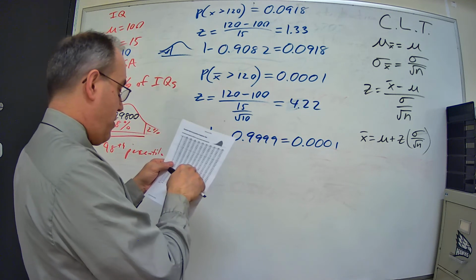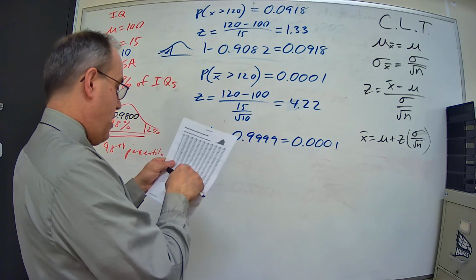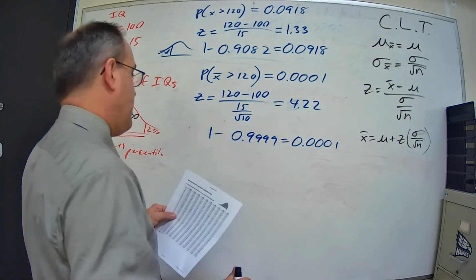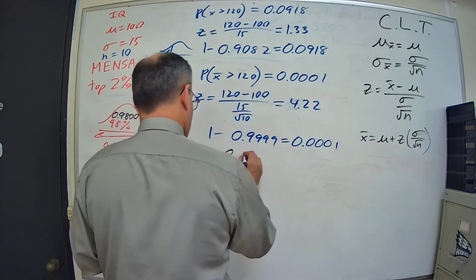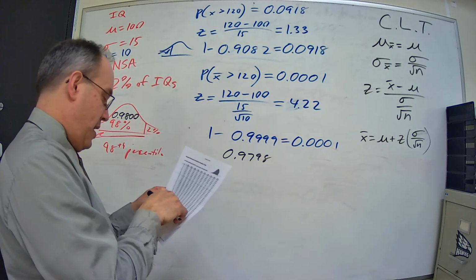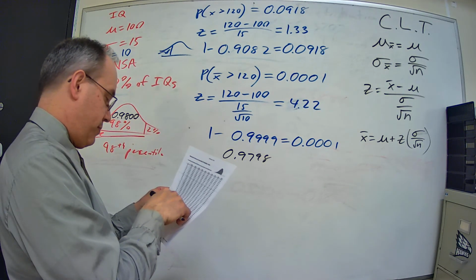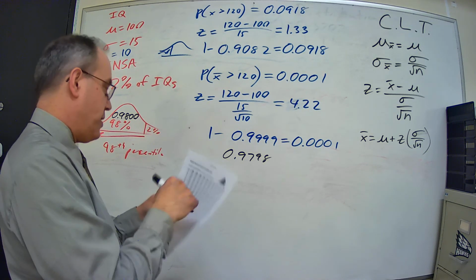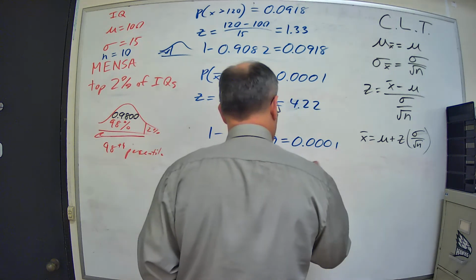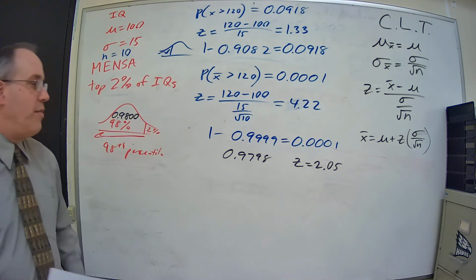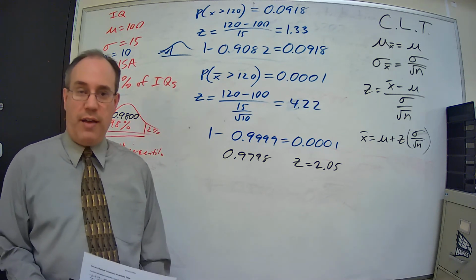So I look in here, I'm looking for 0.98, and the closest thing I get is 0.9798, which gives me a z-score of 2.05. So I have a z-score of 2.05.